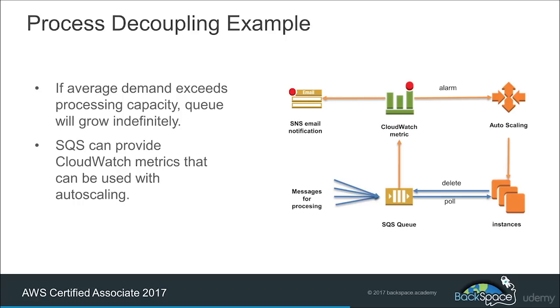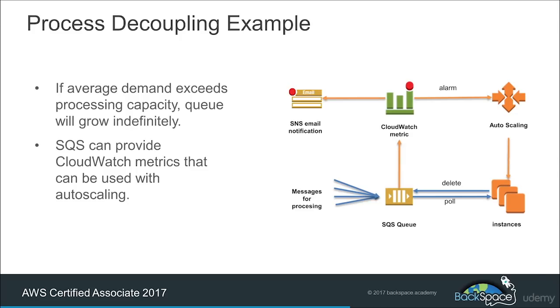So let's have a look at a process decoupling example. On the right there, we've got some instances, and those instances are processing messages as they come in. Now, if we have a situation where we have a massive spike in demand and a whole heap of messages coming in at once, then that will most likely crash our EC2 servers, which is something that we don't want to happen. So to decouple the demand from our process, we can put an SQS queue in front of those EC2 instances.